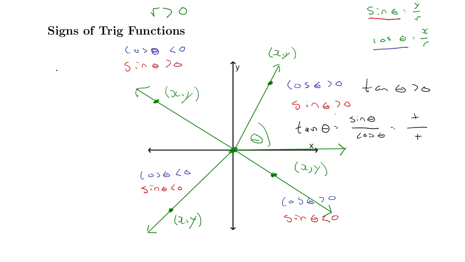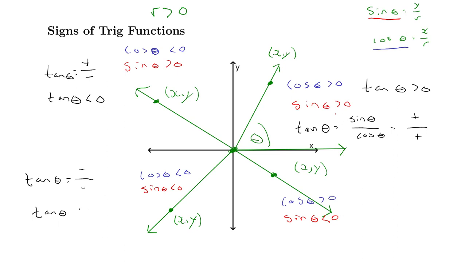Over in this quadrant, tangent of theta is a positive number over a negative number, meaning tangent of theta is negative. In this one, we have that tangent of theta is a negative number over a negative number, meaning tangent of theta is negative.